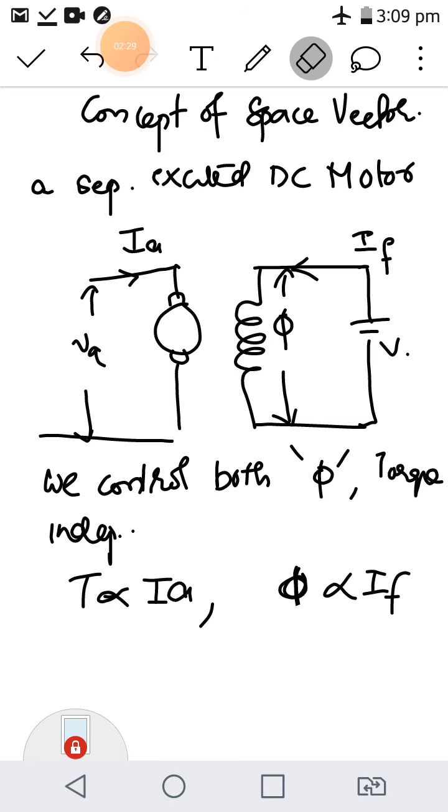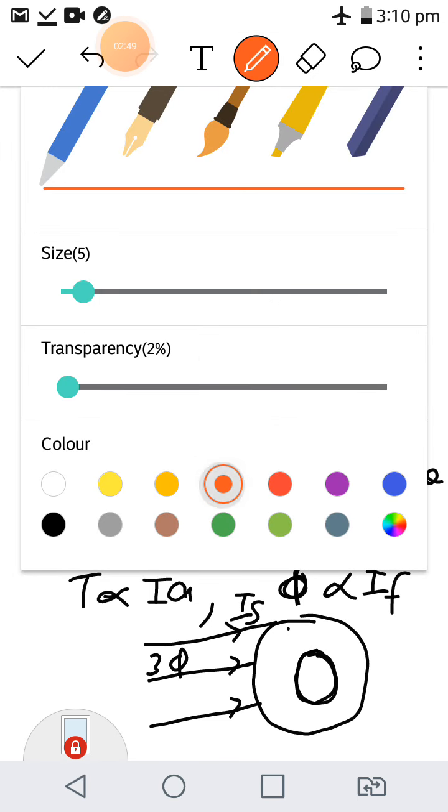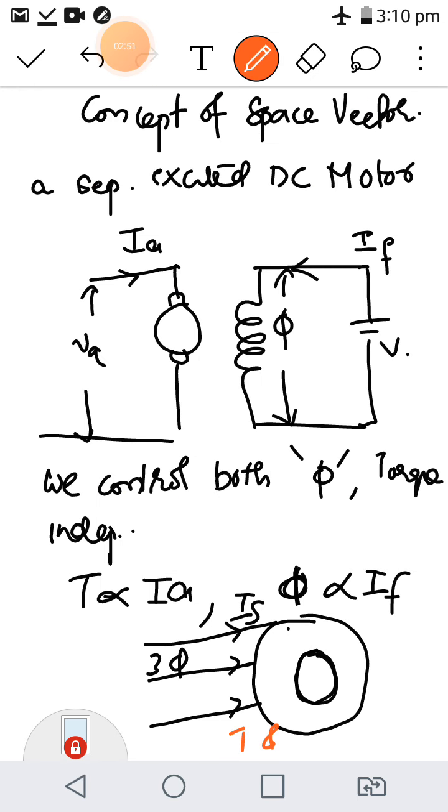In an induction machine, you know that it has a stator and a rotor, and we apply the three-phase supply to the stator. This is the stator current. Due to the stator current only, the rotating magnetic field and the flux are produced. So the problem here is that torque and flux cannot be controlled independently.